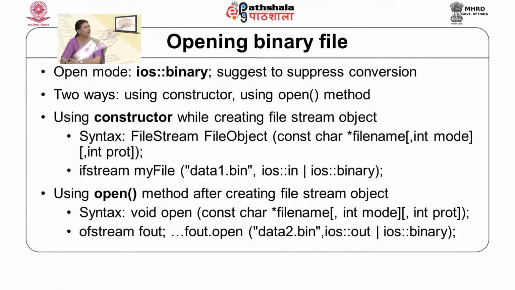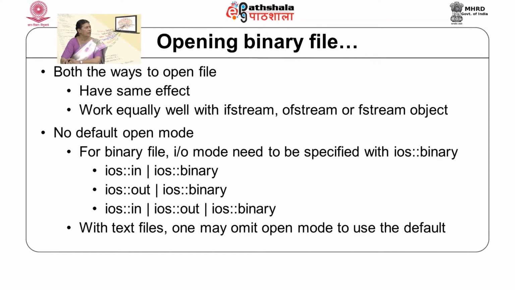The syntax is also very similar, and both forms have the same effect, and they work equally well with whether it is an ifstream, ofstream or fstream object. The only difference here with text files is, with text files the IO mode can be avoided and we can use the default.